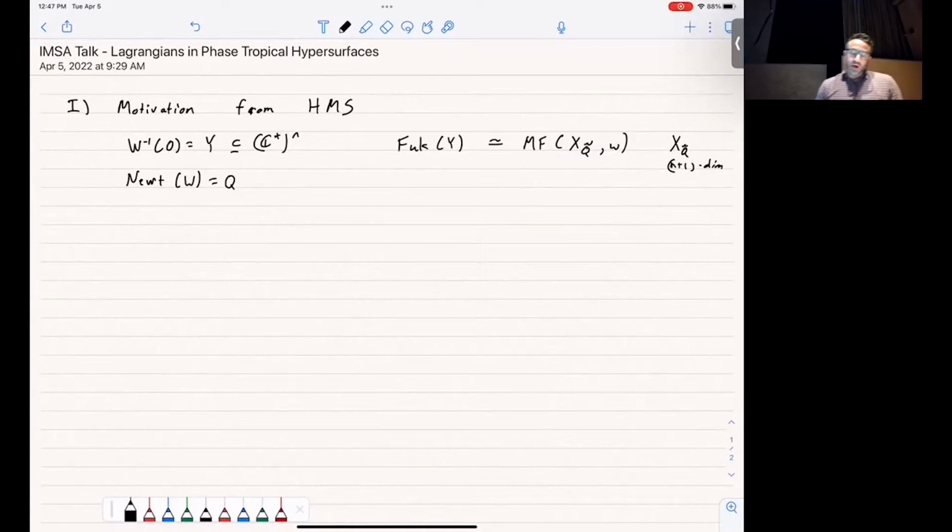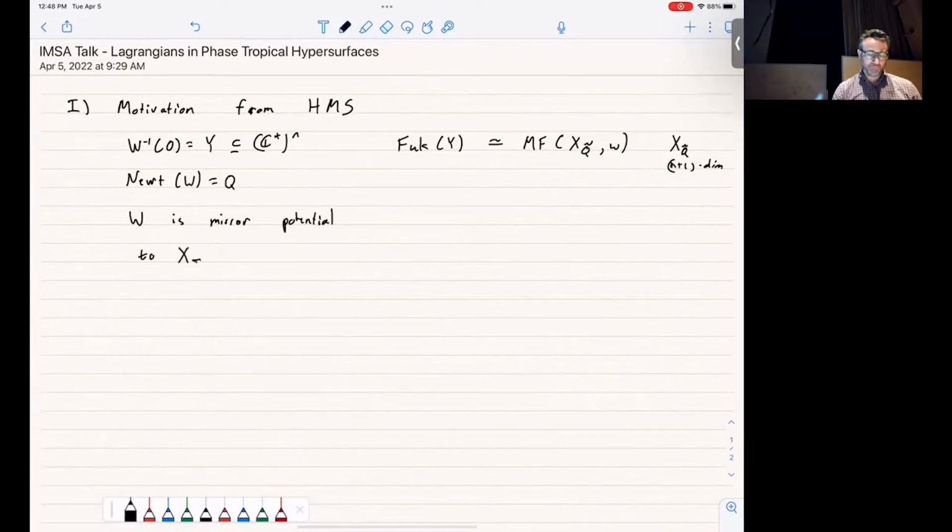Now, where I come to this story is, as I was originally interested when capital W is a mirror potential to a toric variety, say X_sigma, a different toric variety.